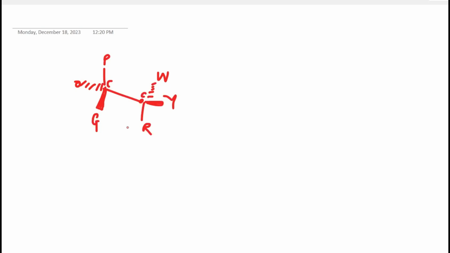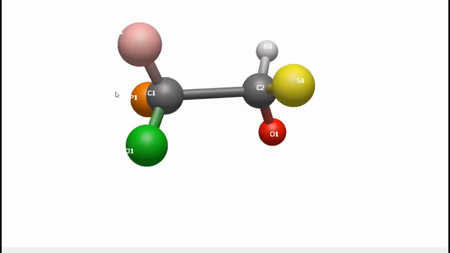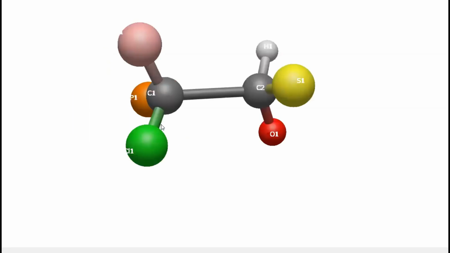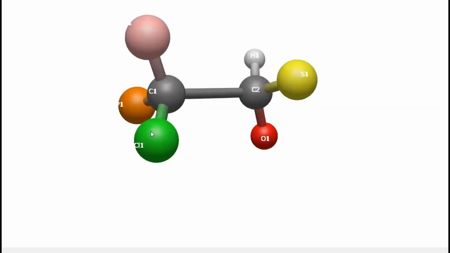And if you're able to go from here to this structure, or you're able to visualize what that representation actually means, it means nothing but this carbon having a green ball coming towards me, away from the plane of the paper, and then the orange one going away from me, or in the plane of the paper.